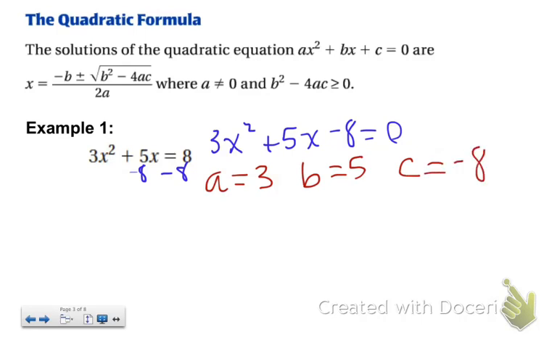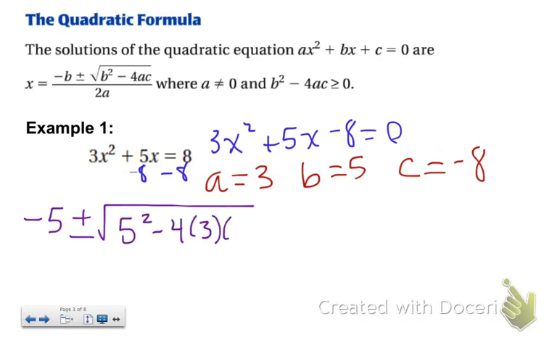Okay, so now I'm just going to plug it into my formula. So I get negative 5 plus or minus the square root of 5 squared minus 4 times 3 times negative 8, all over 2 times 3.